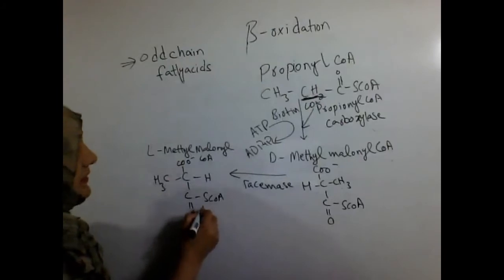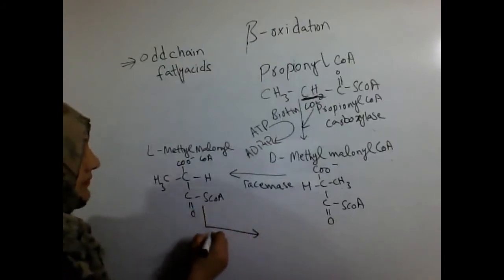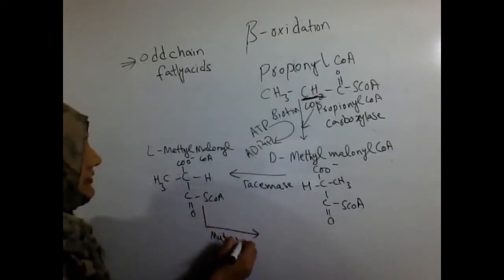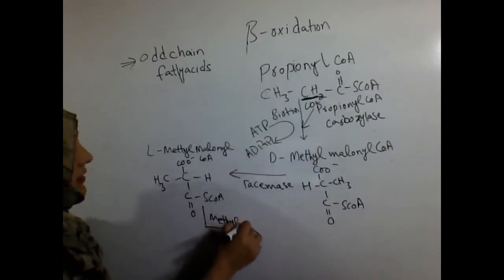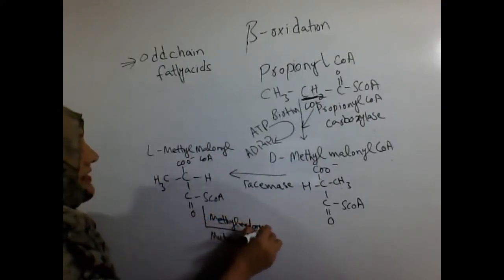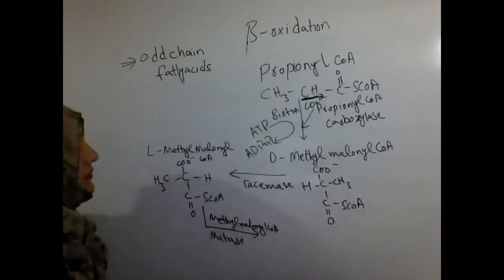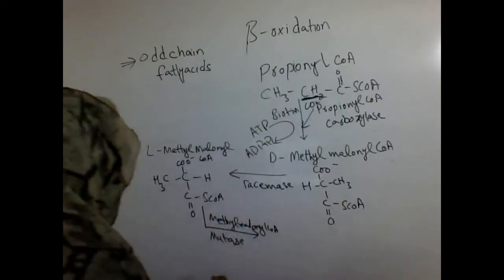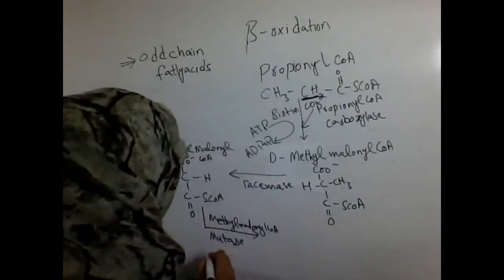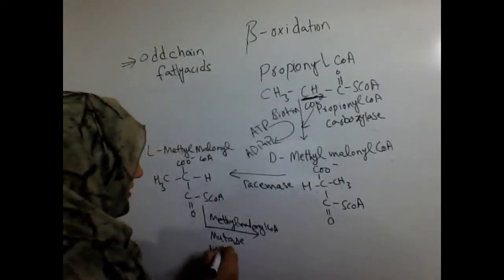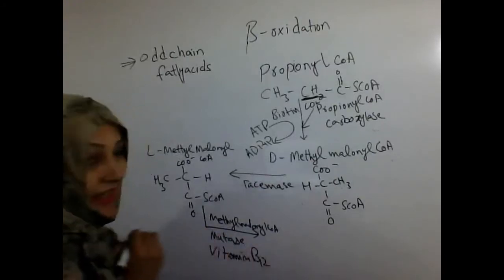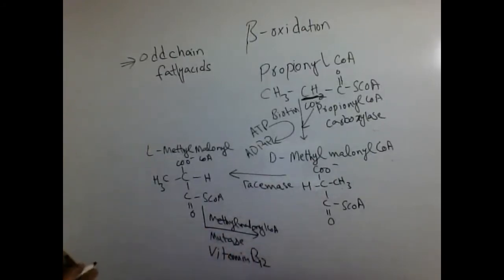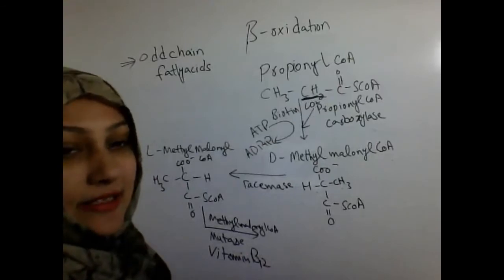Then by the enzyme methylmalonyl CoA mutase, in the presence of vitamin B12 as the coenzyme, this is converted into succinyl CoA.